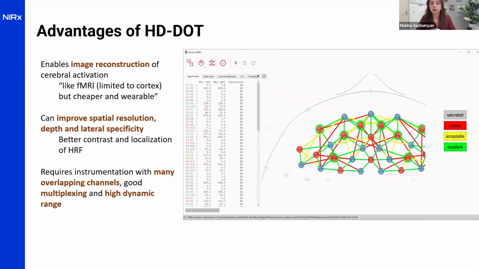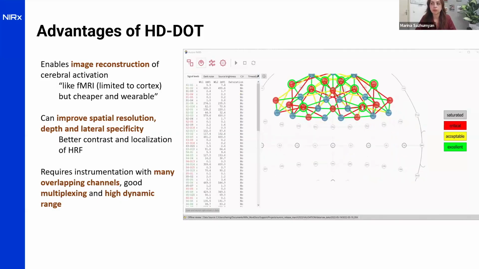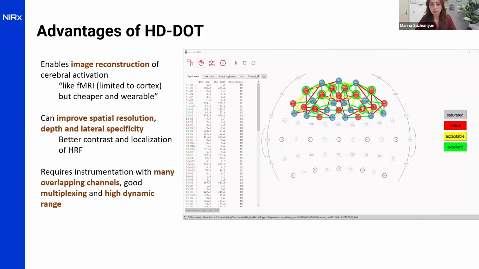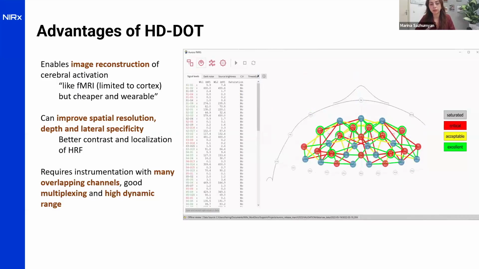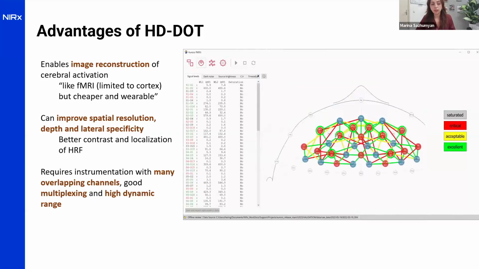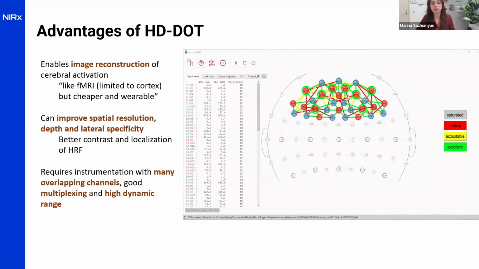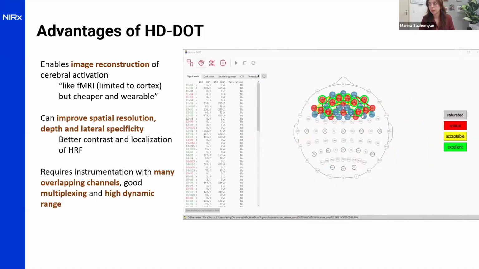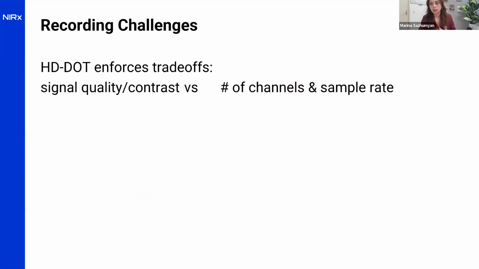And again, of course, using high density measurements introduces several challenges, that being the increased number of overlapping channels and the need for good multiplexing and an increased high dynamic range. So, of course, high density comes with challenges and it comes with trade-offs that can be met through software solutions, and this is what we're going to look at today.